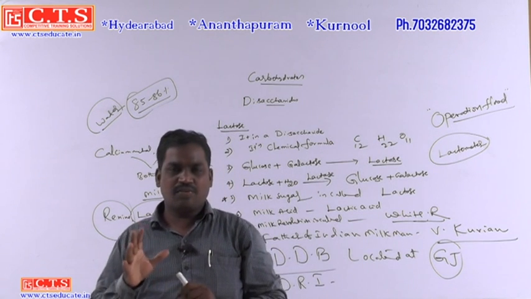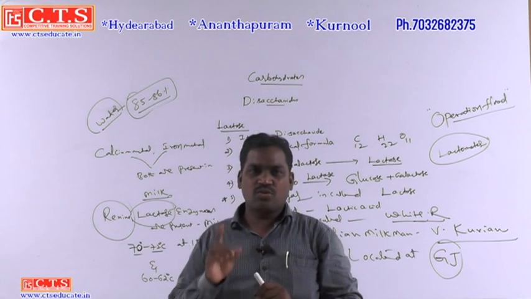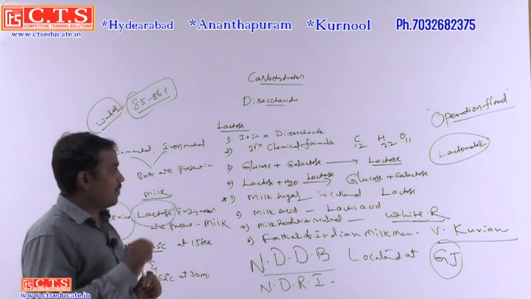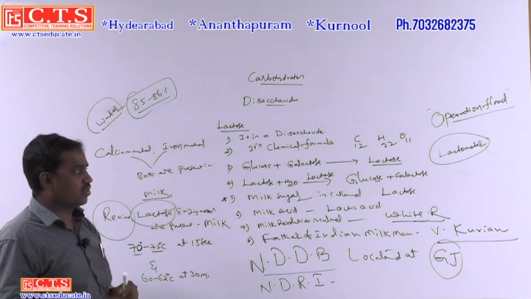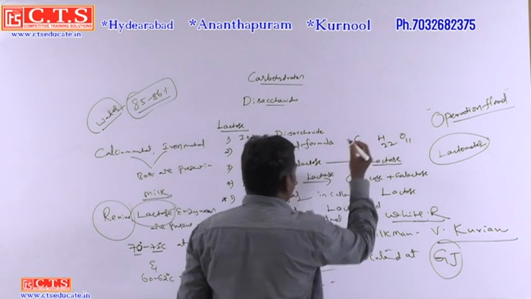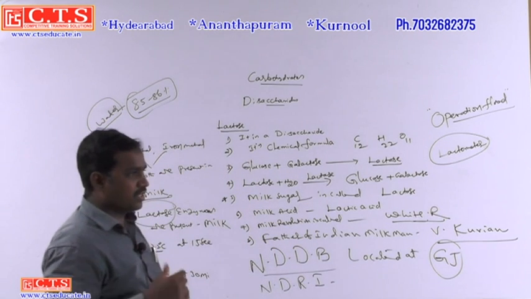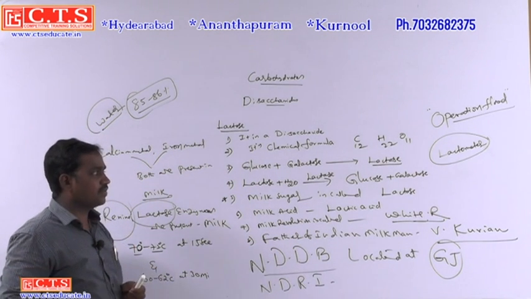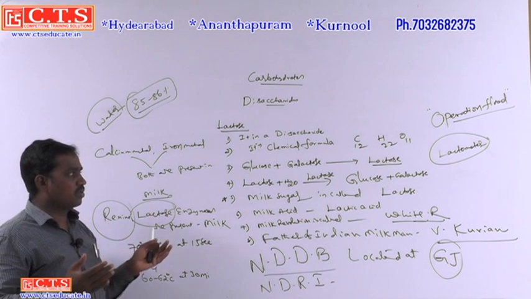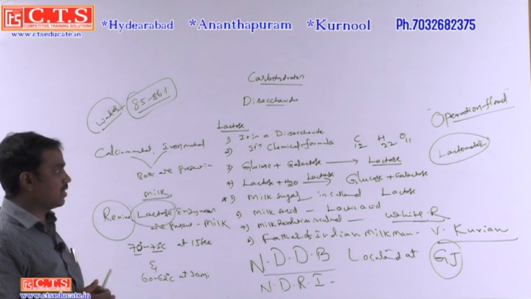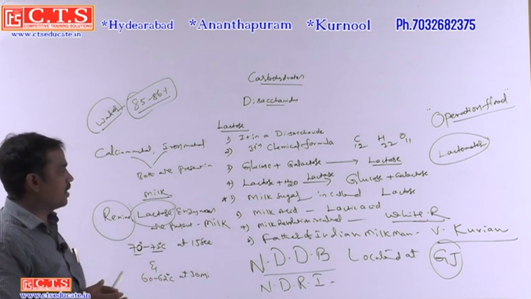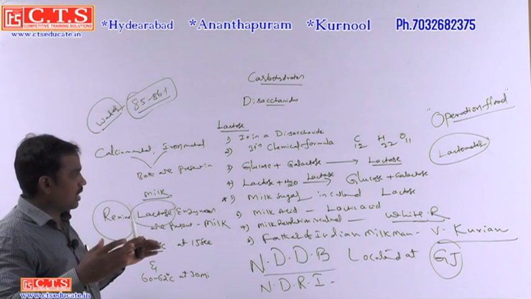Lactose chemical formula is C12H22O11. Glucose plus galactose, both monosaccharides, are present in lactose.